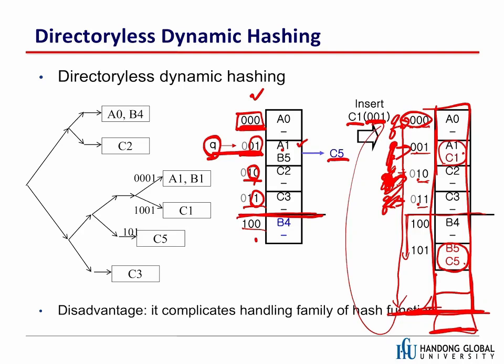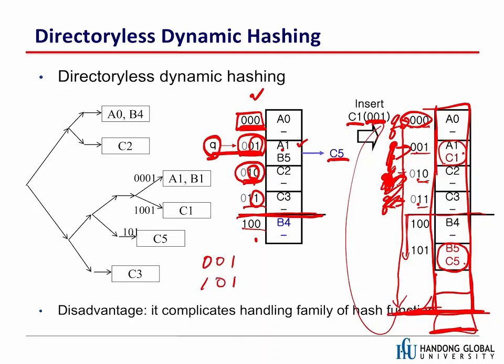But anyway, without the directory, we can assign an identifier to a bucket, and whenever we need, we can increase the size of this bucket. Okay, and the difference between this approach and the directory-based dynamic hashing is that for 001 and 010, if we have a directory, then we use 001 and 101.